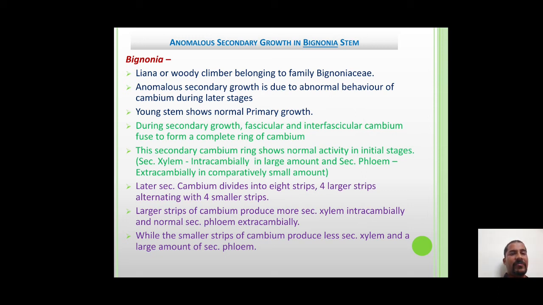That means instead of producing the normal secondary xylem and secondary phloem, it starts to develop more secondary xylem intracambially and normal secondary phloem extracambially, while the smaller strips alternating with the larger strips produce less secondary xylem and a large amount of secondary phloem.